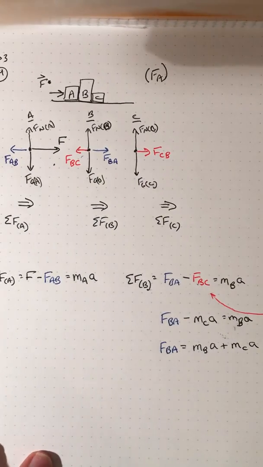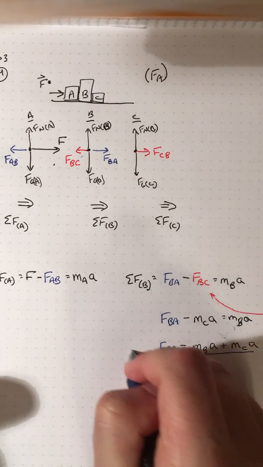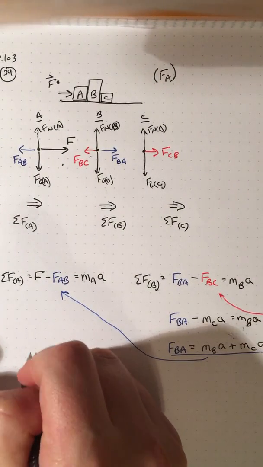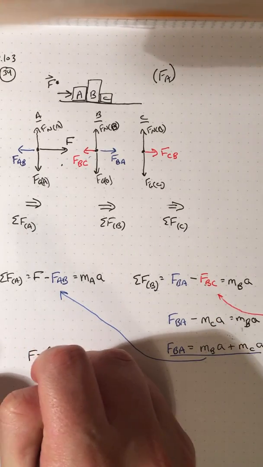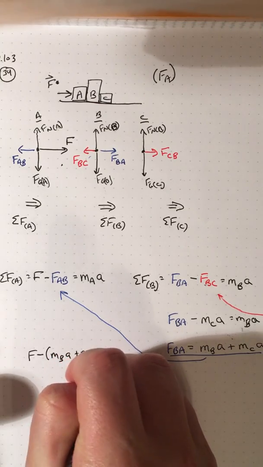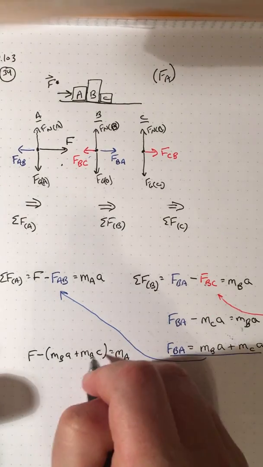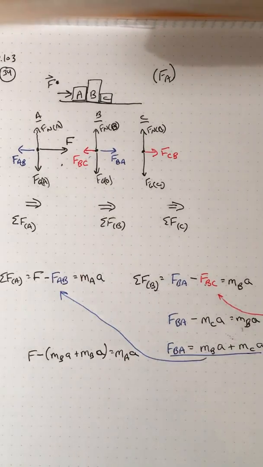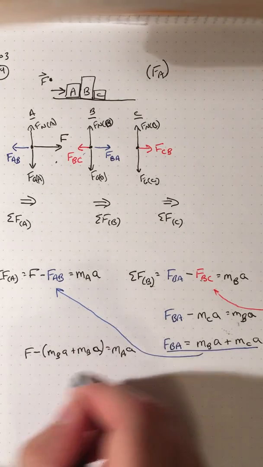Well, that's cool because then I can take this whole thing and say, okay, FBA is the same as FAB, and I can plug that into this equation. So now I've got F minus this whole expression, the quantity MBA plus MCA, equals MA times A. And just to make it neater, I'm going to add this quantity to both sides.